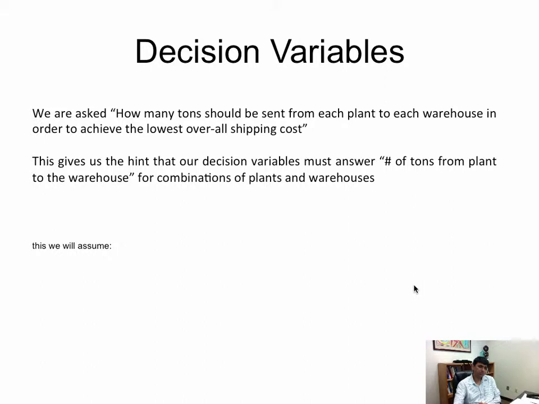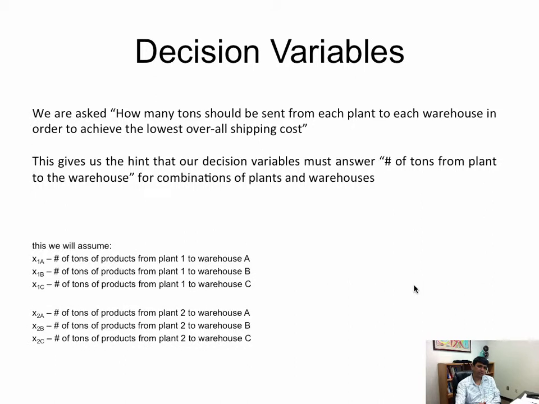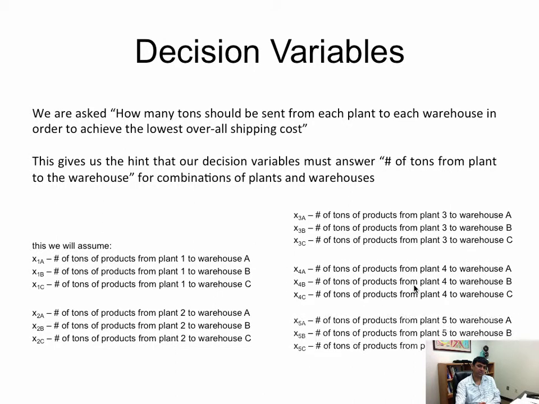So we will assume that X1A is the number of tons of product from plant 1 to warehouse A, X1B from plant 1 to warehouse B, X1C from plant 1 to warehouse C, and similarly from 2 to A, B, and C, 3 to A, B, and C, 4 to A, B, and C, and 5 to A, B, and C. So we have a total of 3, 6, 9, 12, and 15 decision variables.